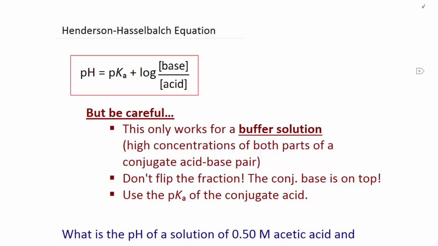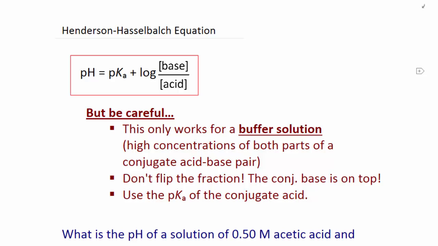It requires no x's or adding or subtracting or anything like that. But the difficulty in this equation is not using it. It's an easy equation to use. The difficulty is knowing when it is appropriate to use this. Any of the mistakes made with this equation involve circumstances where this equation is not appropriate, in other words.